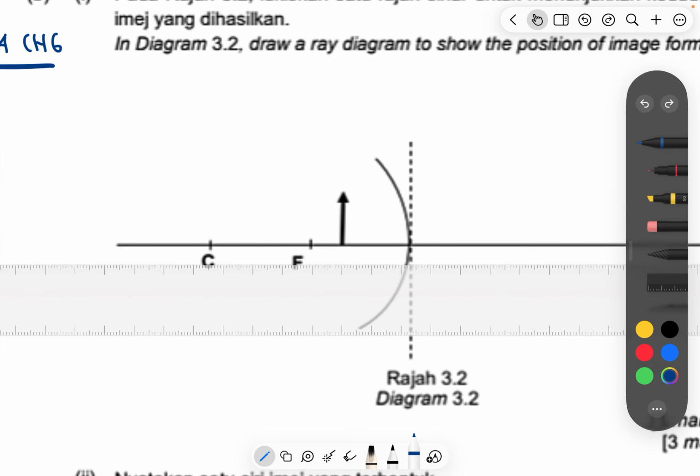Okay, so first you have to know what lens is this. Okay, so how I like to remember is basically, one will be C and one will be pregnant lady, but I think that's for mirror.